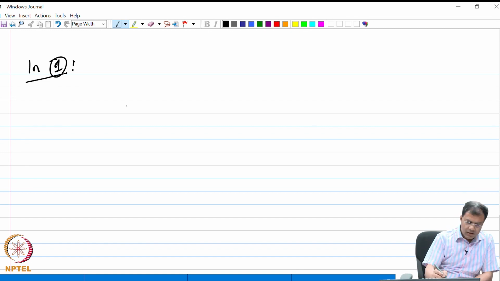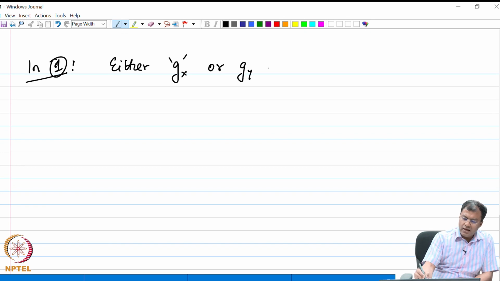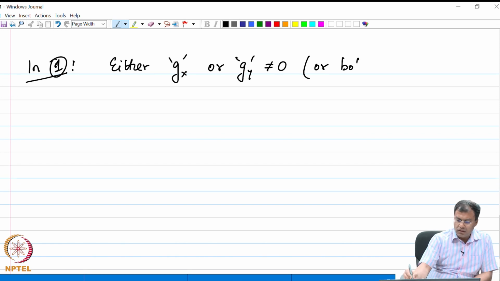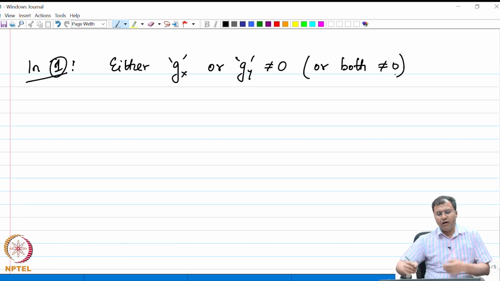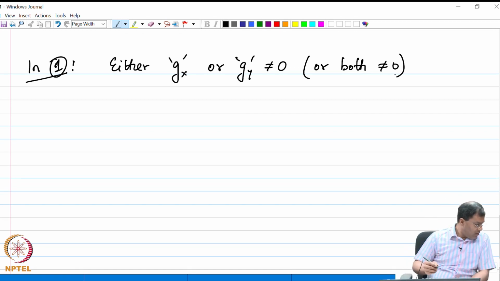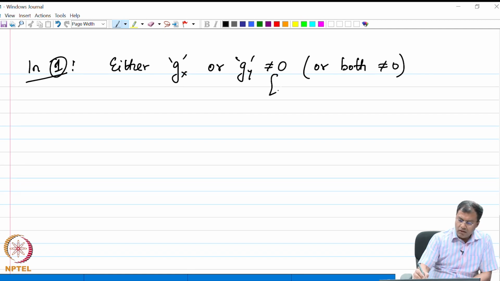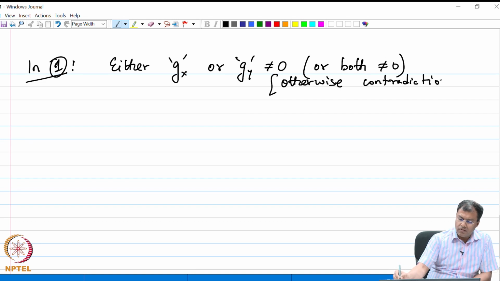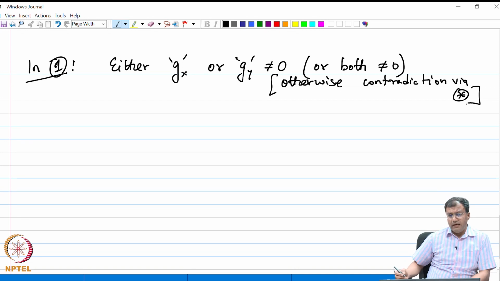So, it turns out that either g x or g y is not 0, or both are not equal to 0, because otherwise we will have a contradiction via the condition star, that is, grad g is non-zero.